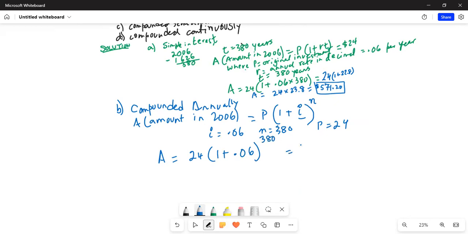So it is equal to 24 multiplied by 1.06 exponent 380. I'm using my calculator for 1.06 exponent 380. It is a huge number, and then multiplied by 24.